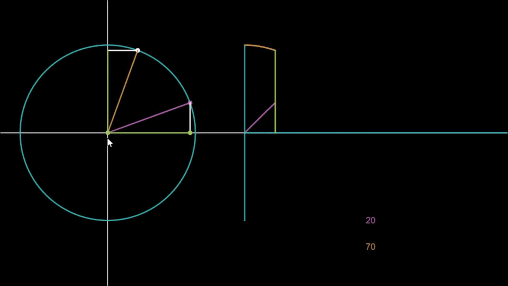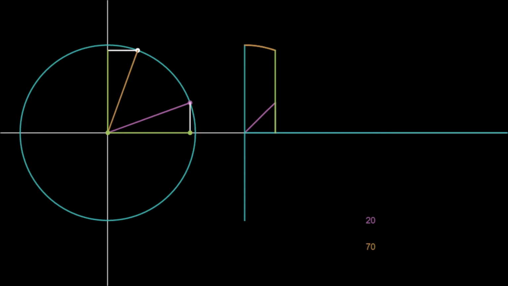So in effect, the horizontal distance is given by the cosine of our angle x, the vertical distance is given by the sine. But these get swapped over in this example. The vertical distance now becomes the same as the cosine, and the horizontal distance becomes the same as the sine. So in effect, sine becomes cosine and cosine becomes sine. This gives us a relationship between the sine function and the cosine function.